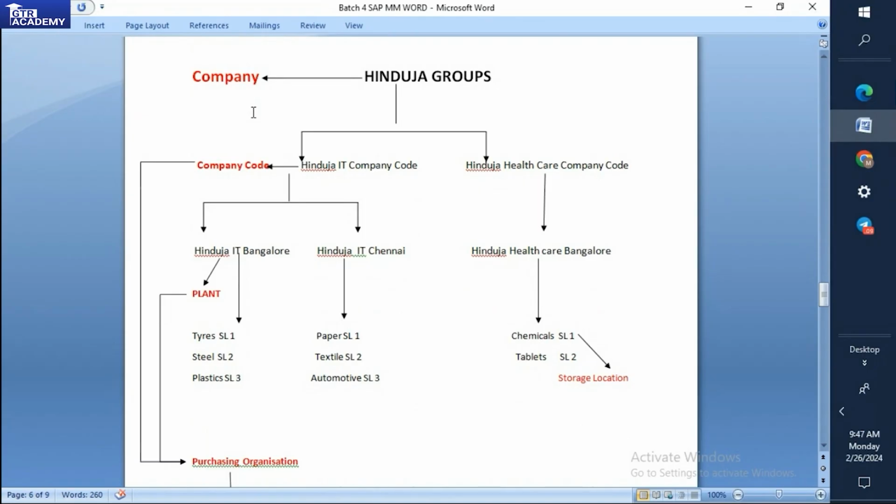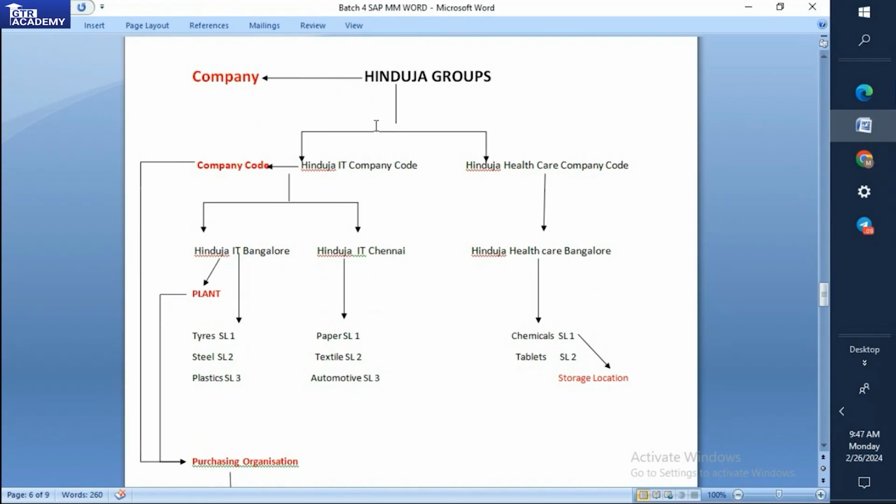Whatever data we maintain in the Hinduja group will be applicable to all the Hinduja IT company, healthcare company, all of these organizational units. This is the company, the main first hierarchy. Understood?